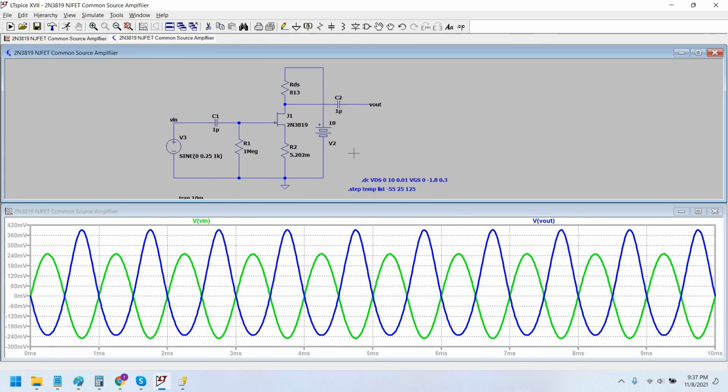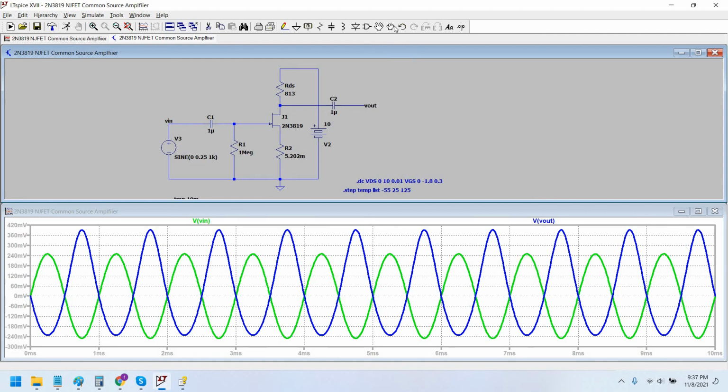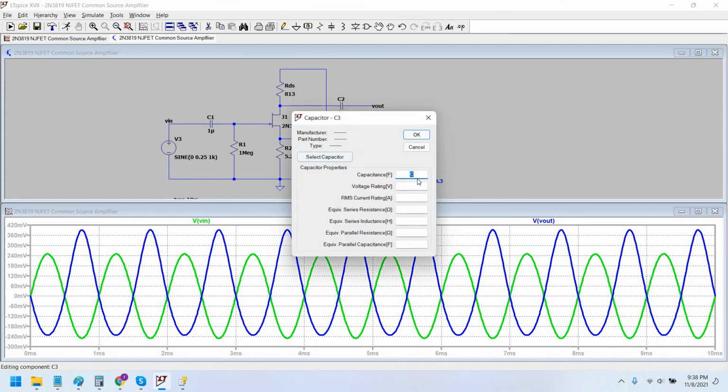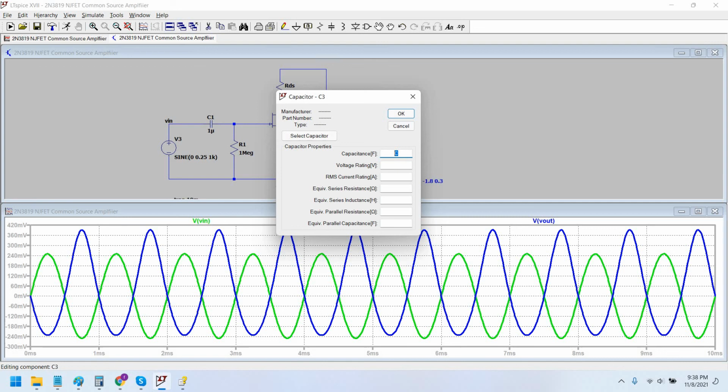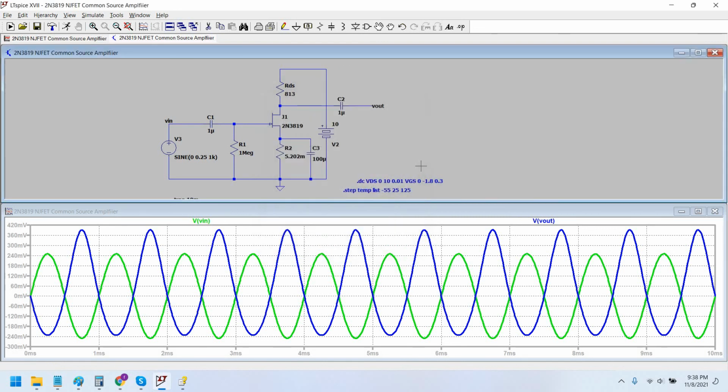So there can be another solution for this, and that would be to use a bypass capacitor. The bypass capacitor would render this resistance to act as a short circuit for the signal. Let's take this capacitor to be equal to 100 microfarad.